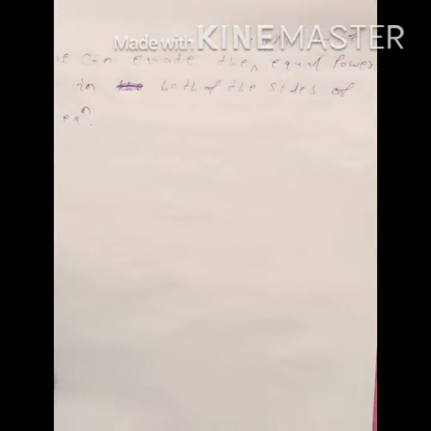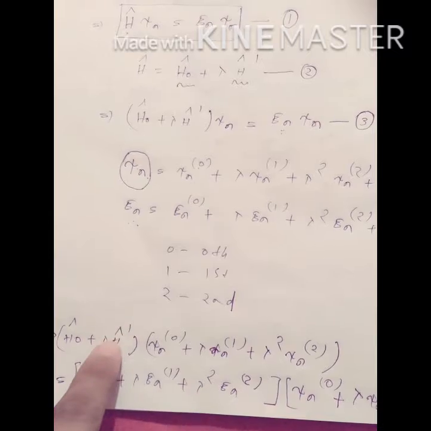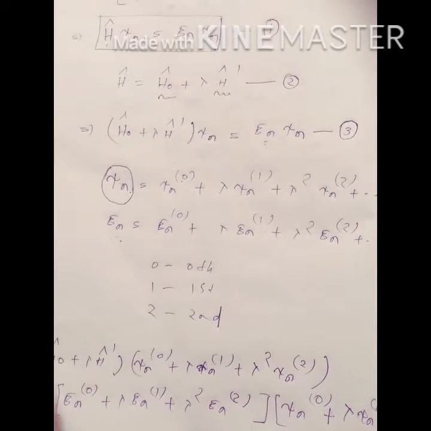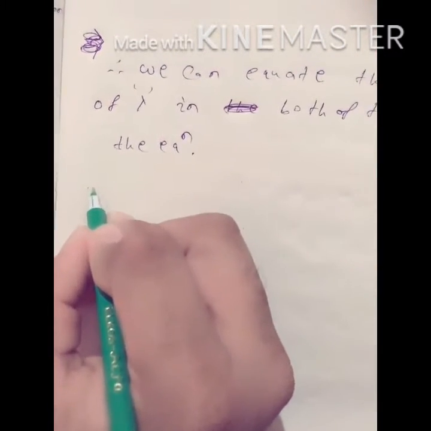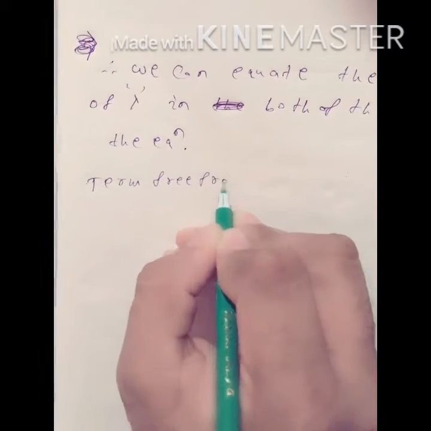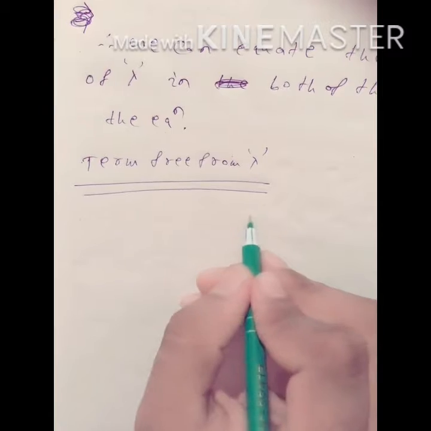So we can equate the coefficients of equal powers of lambda on both sides of this equation. First, equate the term free from lambda, that means lambda raised to 0.